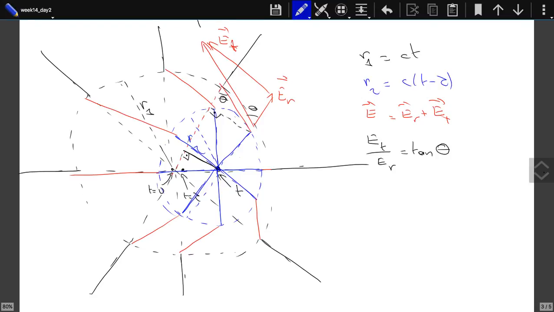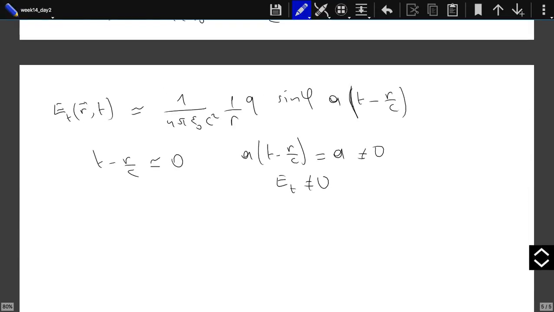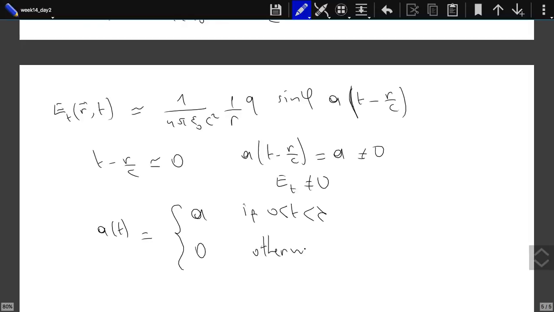If you choose some point over here, where r is small, t minus r over c is a large number, and since it's a large number, my acceleration is zero. Since it is zero, the tangential electric field is zero, as it should be. Because A of t is equal to A if t is between 0 and tau, and 0 otherwise.